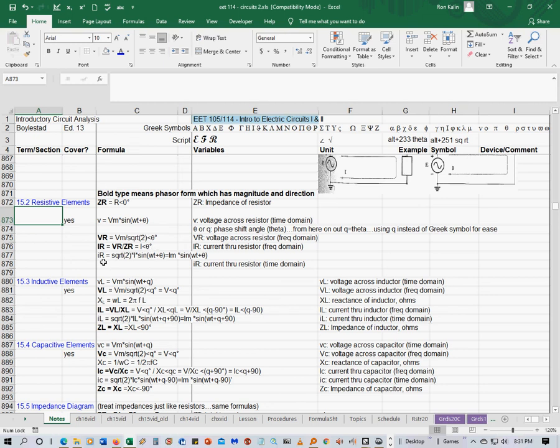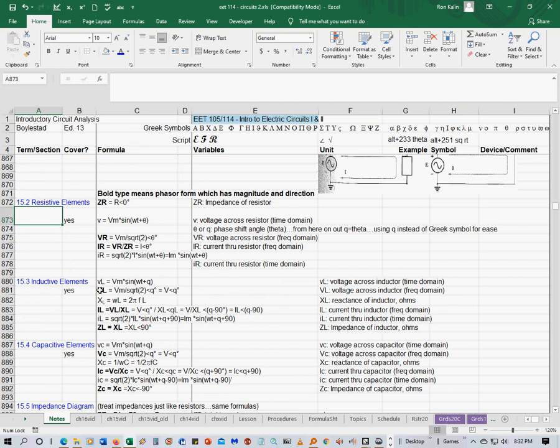And then I sub r, going back into the time domain, is the square root of 2 times I, this magnitude of the phasor, times sine of omega t plus theta, which is equal to I sub m times sine of omega t plus theta. So I sub r is the current through the resistor in the time domain.